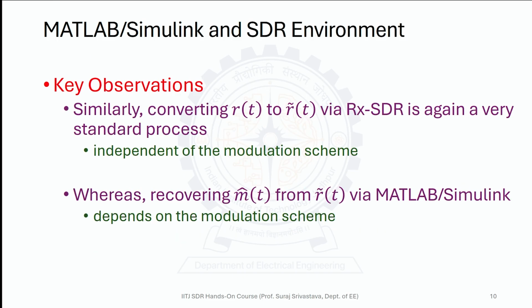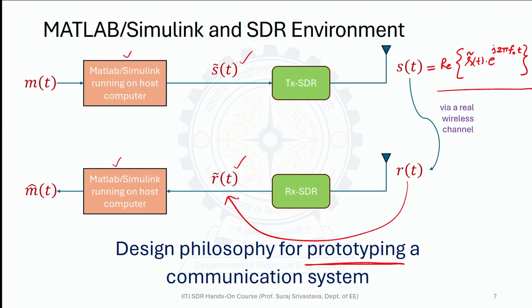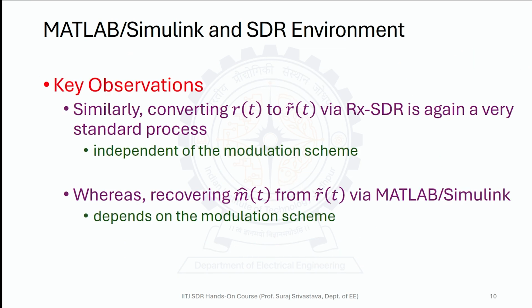Now similarly at the receiver side, converting the received signal RT, which is the real passband signal, to R tilde t, which is the complex envelope of RT, via Rx SDR is again a very standard process. I'll not explain it right now, but this conversion is also very standard and does not depend on the modulation scheme.